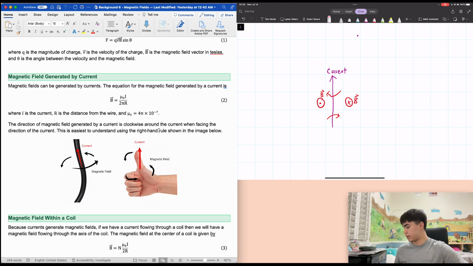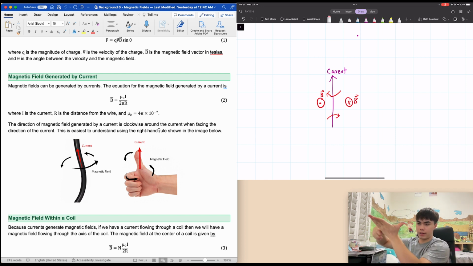So what this looks like in real life is I have this wire, and the current is going to the end over here because it's charging my laptop. Then the magnetic field wraps around the wire according to my fingers when my thumb is aligned with the current.